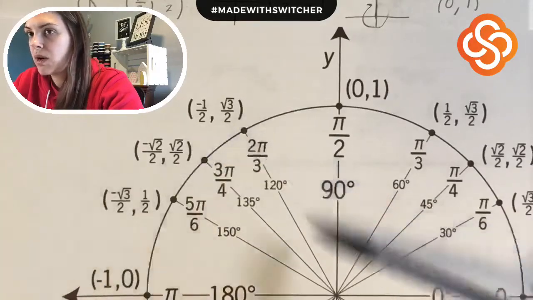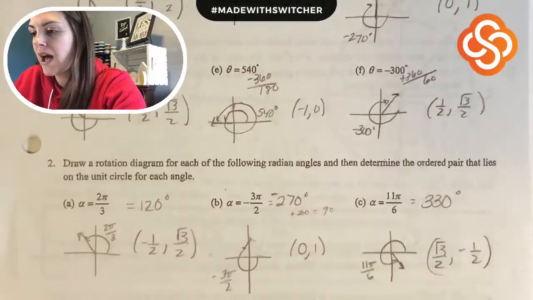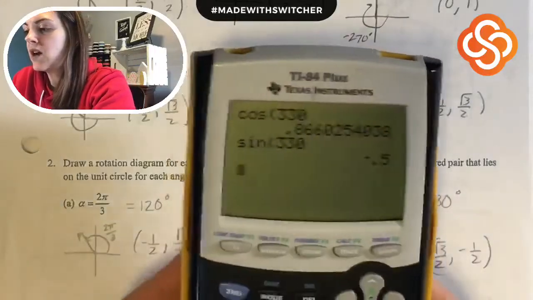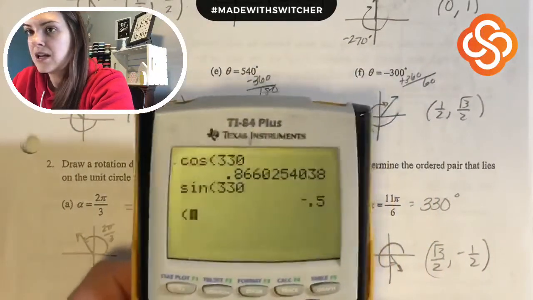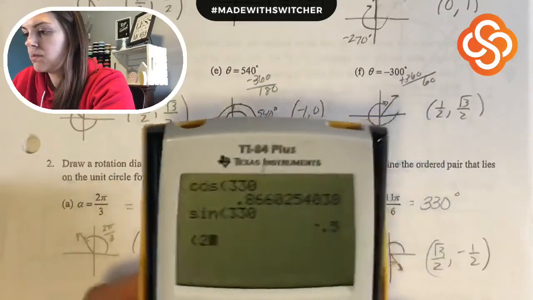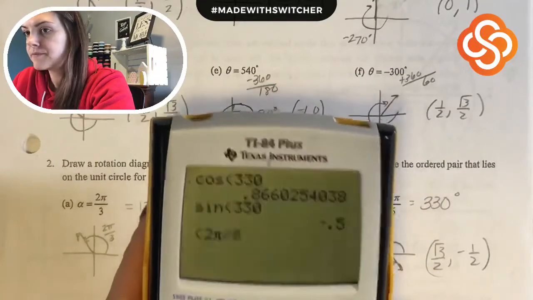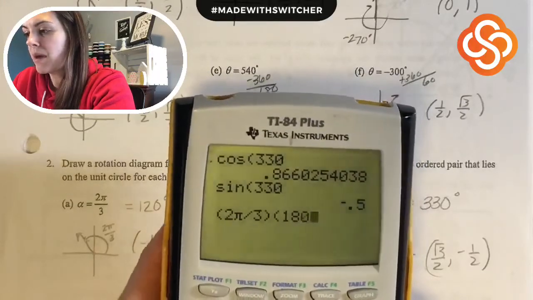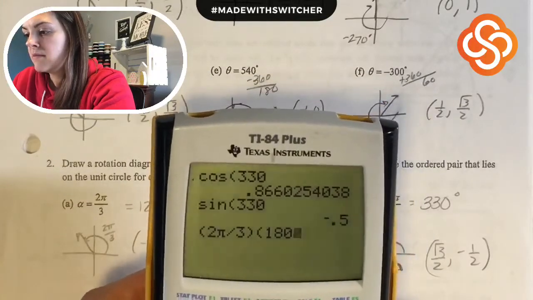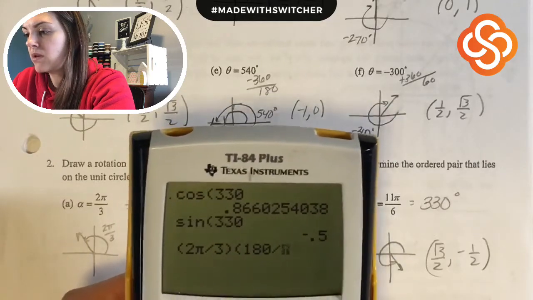But again, what do we do if we don't have that? We're going to take our 2 pi over 3 and multiply it by 180 over pi, because that's what we did with our conversion.